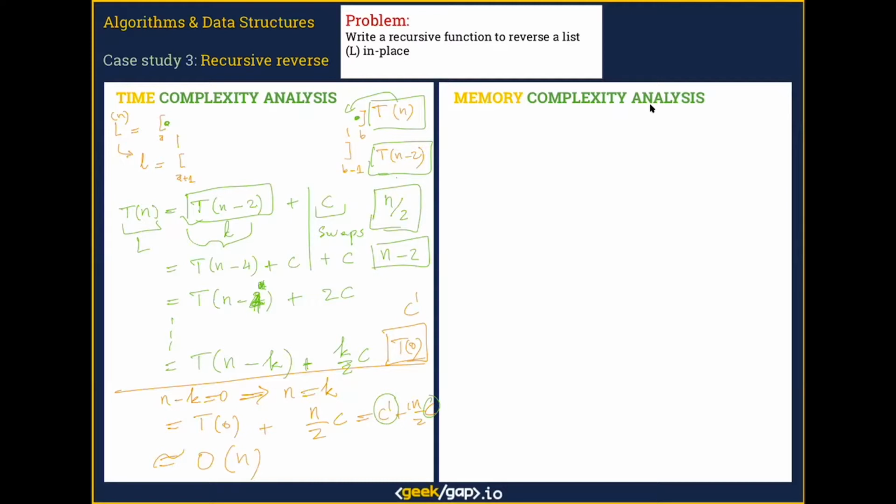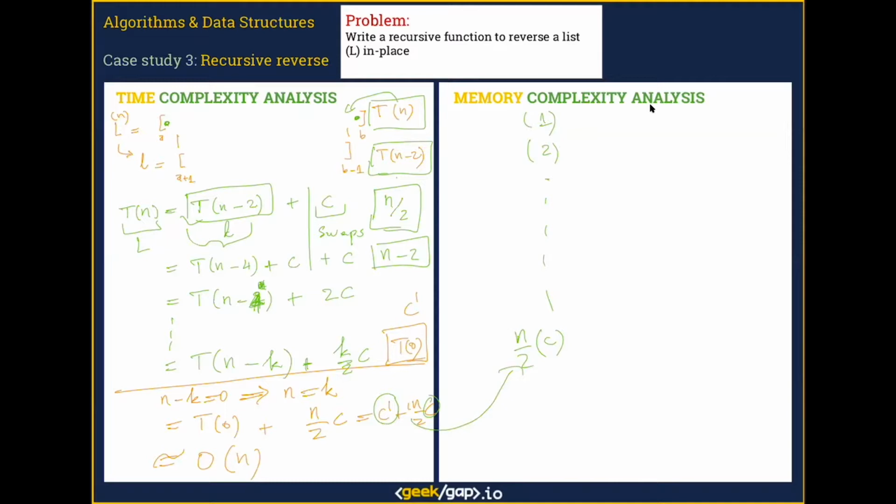So we are just bound by the number of stack traces, like the number of memory, because when you're computing big L, you need to store something in the stack trace to say, okay, I'm going to come back to you, wait a minute while I do little L. And when you're little L, you are 2 steps and so on and so forth, up to the final step, which is NC, like we saw here. So it's also linear, the memory complexity.